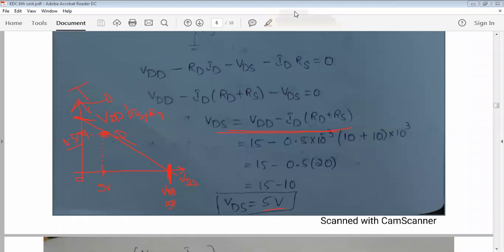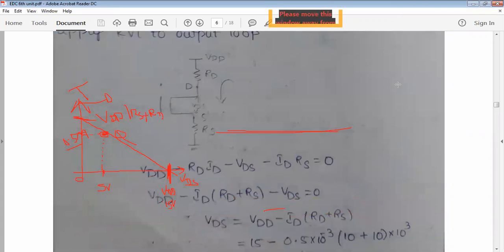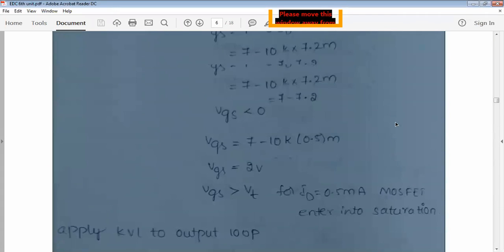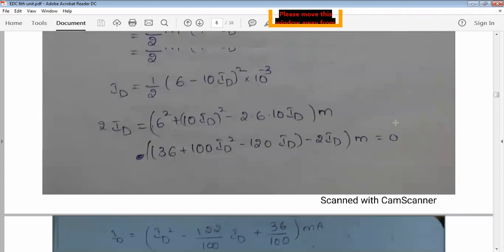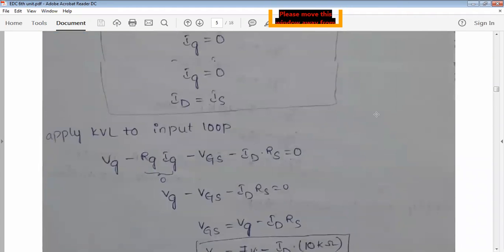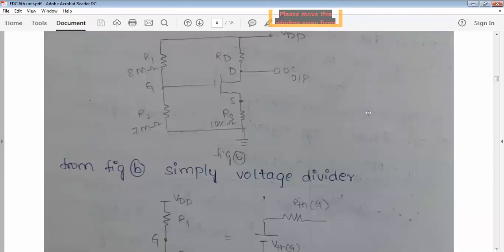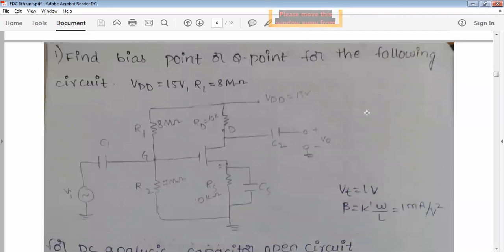Once again, here the procedure is, identify the given circuit, whether it is related to the JFET, depletion mode MOSFET or enhancement mode MOSFET.